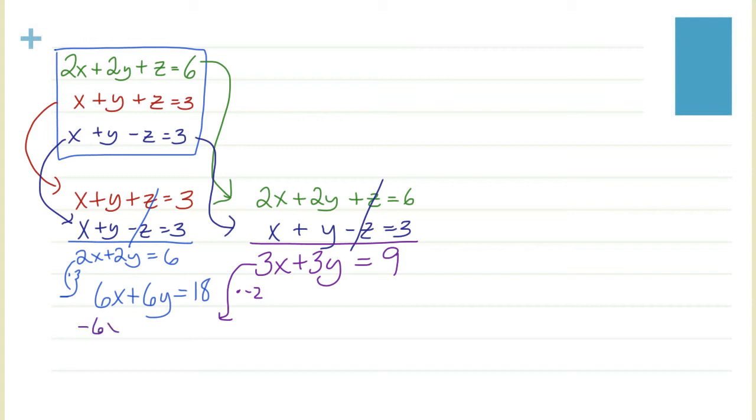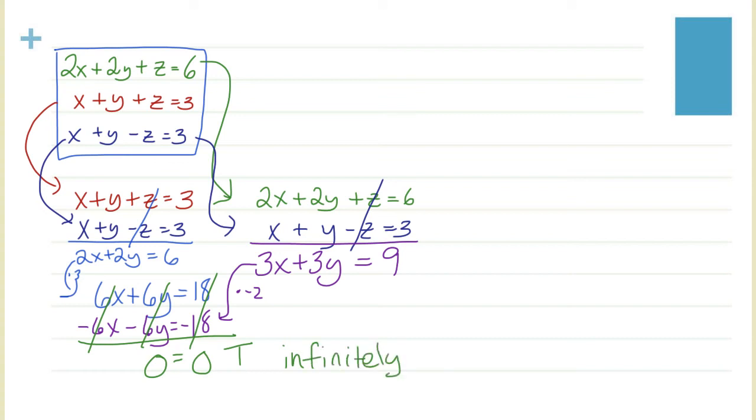So negative 6x minus 6y equals negative 18. Just as before, the indication that it's infinitely many is that we get a true statement. And if you're doing elimination, that generally means everything drops out. This is true, so it's infinitely many. Anything that'll solve one will solve the others.